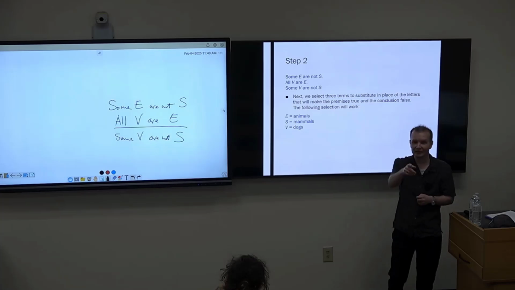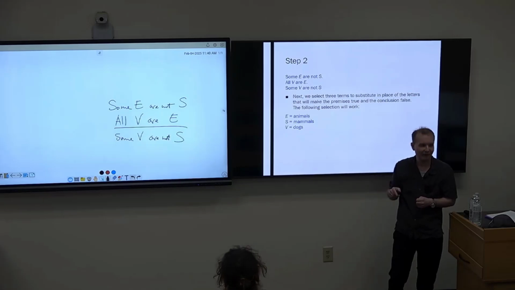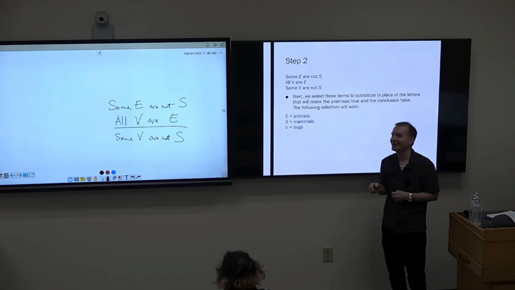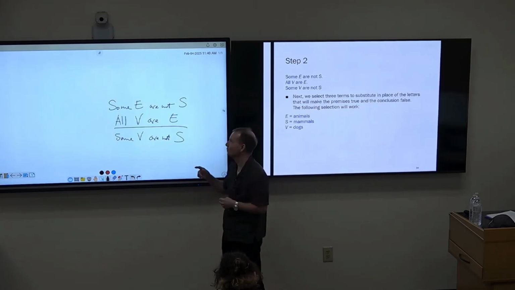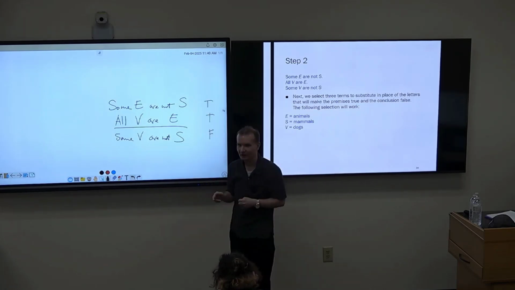So what would make it invalid? Yeah, using the counterexample method. But what are we doing with a counterexample? Okay, but you missed this part. To prove it invalid, you should show premises are true and the conclusion is false. So that's our goal.